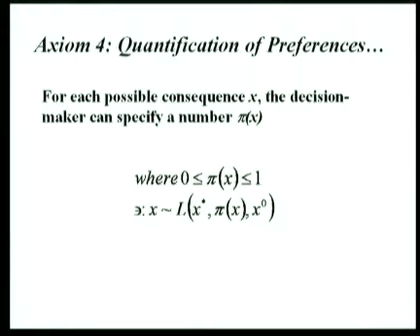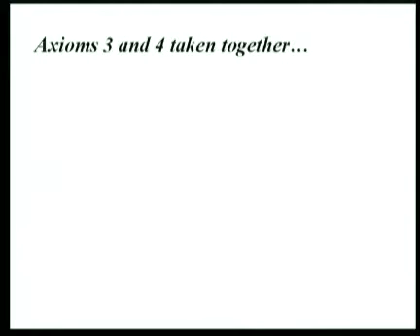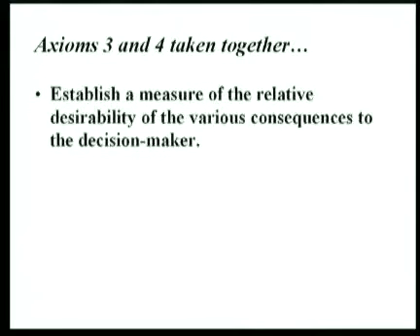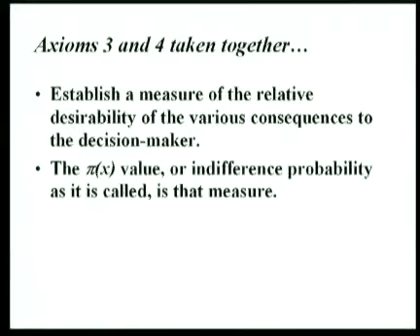So this pi of x is a good way to measure the preference, essentially. And if you take 3 and 4 together, now we've established a measure of the relative desirability of the various consequences to the decision maker. That's pi. And that's the value, or indifference probability, and it's called the measure. So pi of x is this indifference probability.